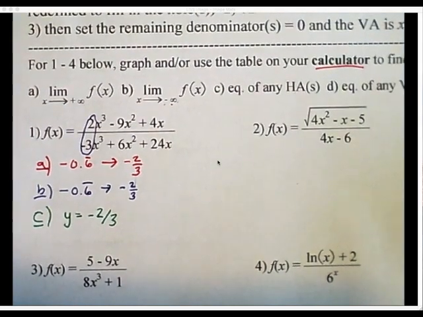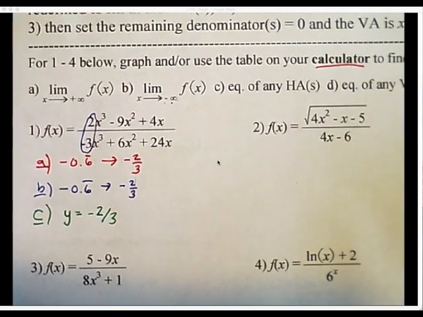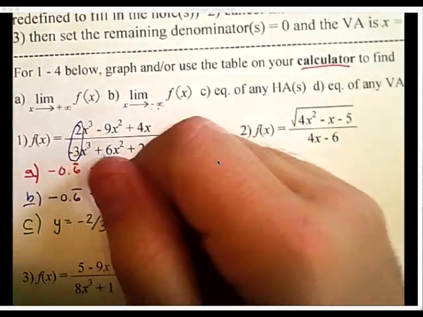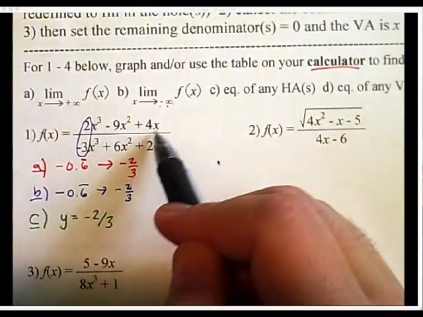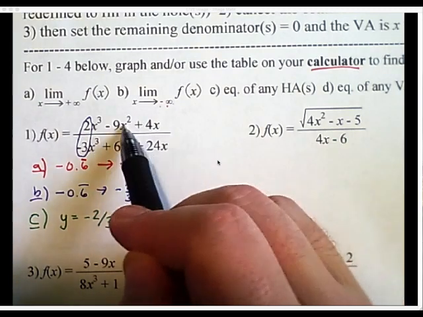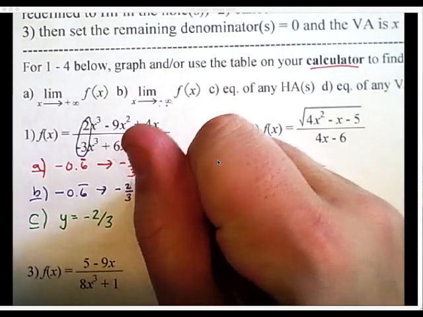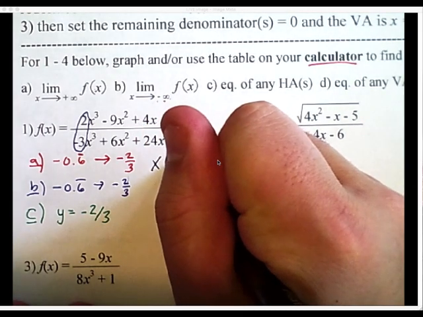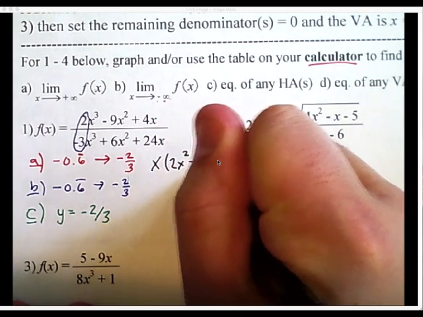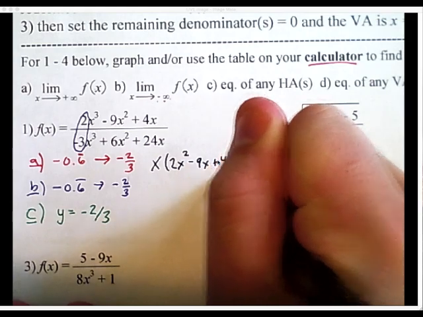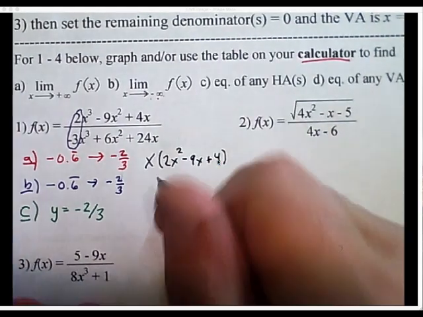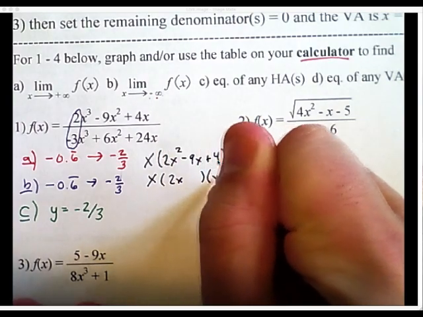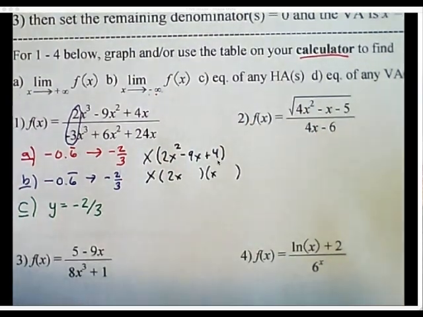So here's what you're going to do. You're going to do some factoring. If I think about this function, look at the numerator. You could take an x out of all three terms. So we could factor out an x. And if I do that, I would get 2x squared minus 9x plus 4. And you could further factor the quadratic there.